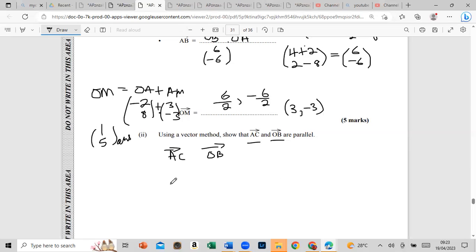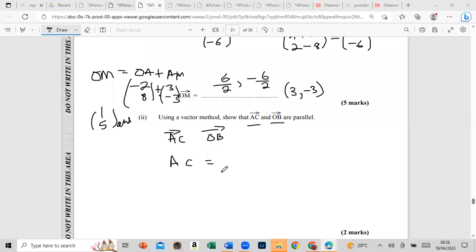Let's look at what AC would be equal to.